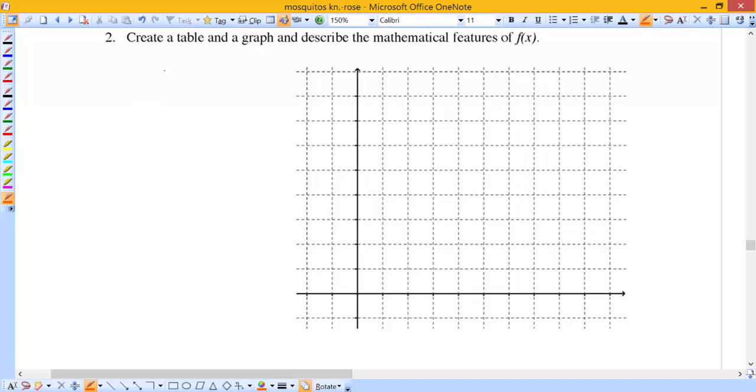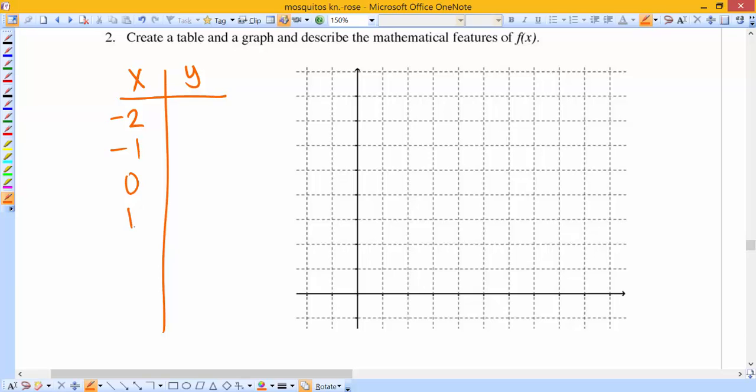Now, I do want to see you guys creating a table where you have your x and you have your y. And I would like to see you pick -2, -1, 0, 1, 2, and let's just go with 3. So your y is e to the x. So you're going to need to use your calculator and you're going to plug in and get your values. So e to the -2, and I'll do this first one for you. So I'm going to go to my calculator.